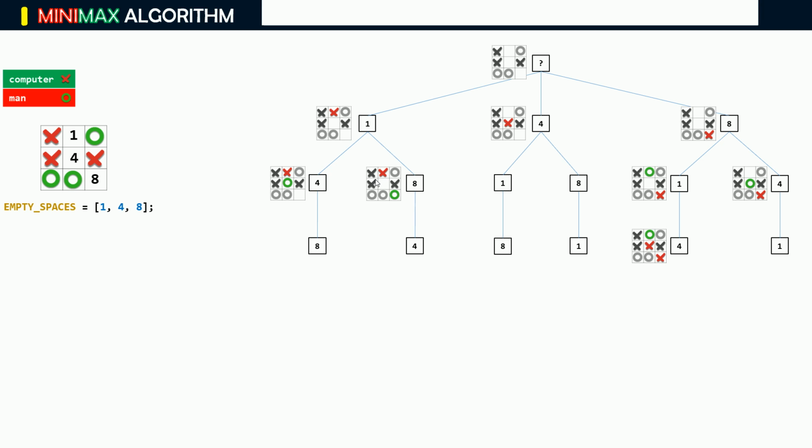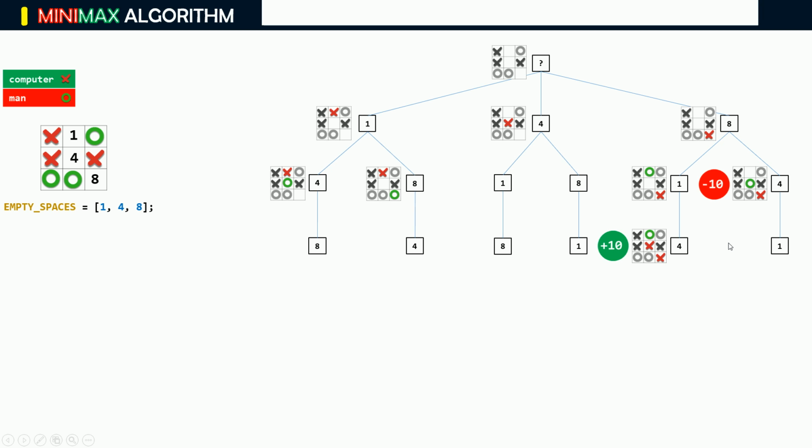But how does the computer know? He doesn't have eyes. So each time the computer makes a move, he will need to see if he is winning or losing the game. For example, here the computer is winning, so he will evaluate this move as +10. For the other move, he is losing the game, so he will evaluate that move as -10.